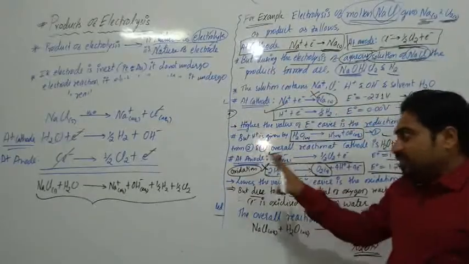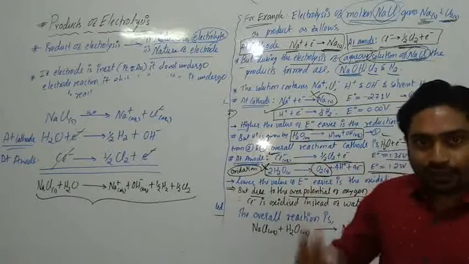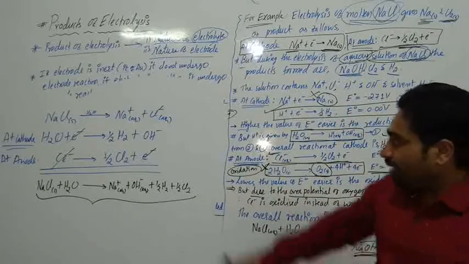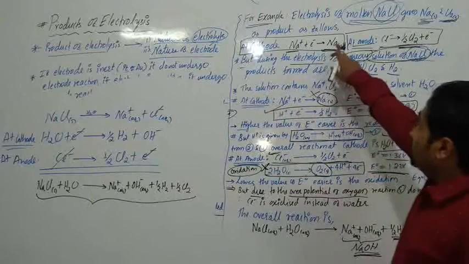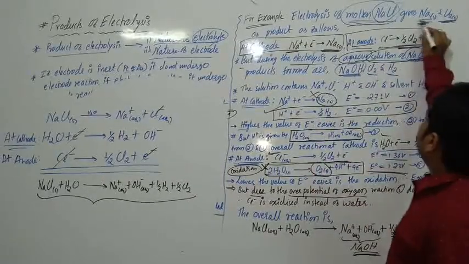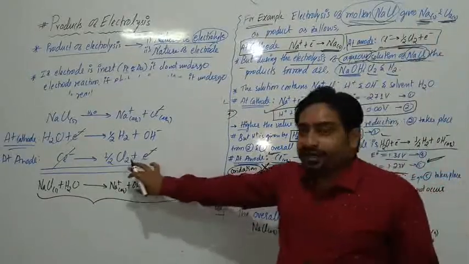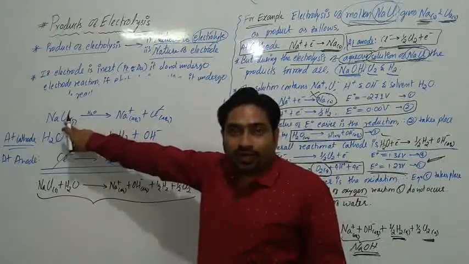So by this concept we can come to know that the formation of product during electrolysis depends upon the nature of the electrolyte. In the first case we took only molten NaCl and we got sodium metal and chlorine gas as the product. But in the second case we took the aqueous solution of sodium chloride.